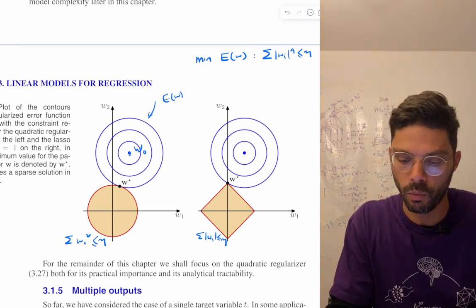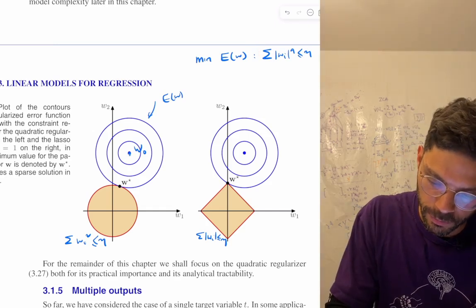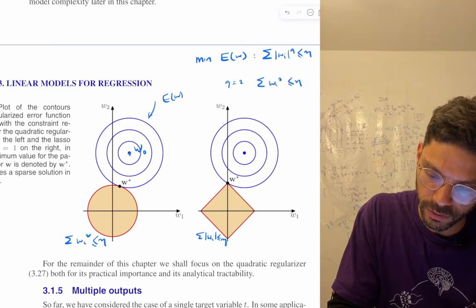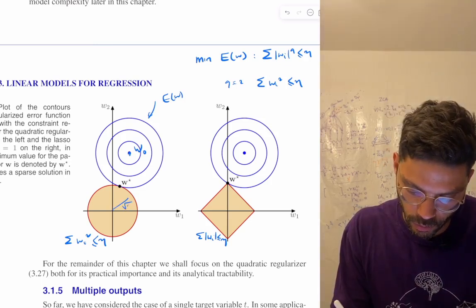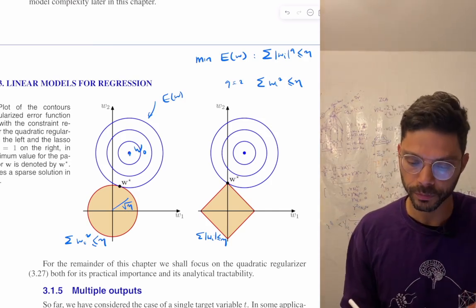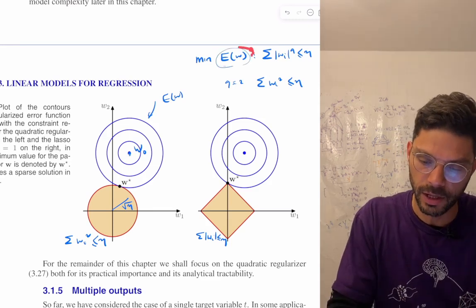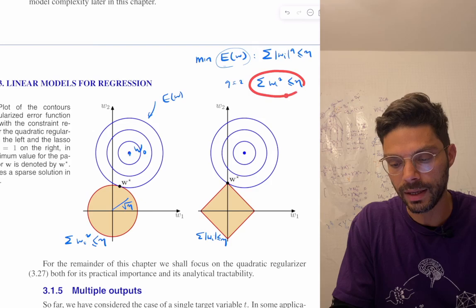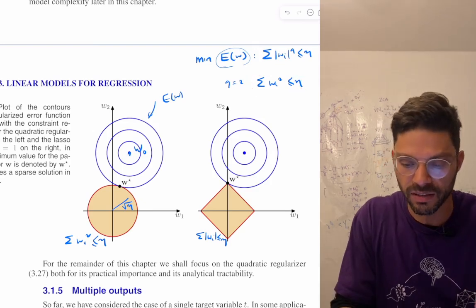Let's consider, for example, q equals 2: what does the set where the sum of w_i squared is less than or equal to eta look like? That's just a circle of radius eta, right? So now what we're trying to do is minimize this energy function, this loss, while staying inside of this ball.